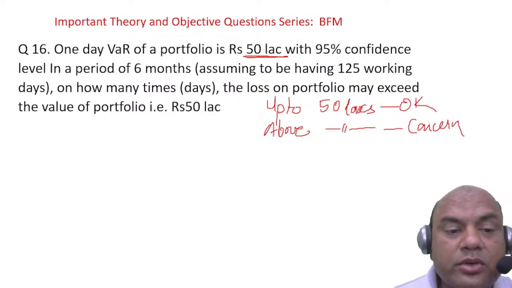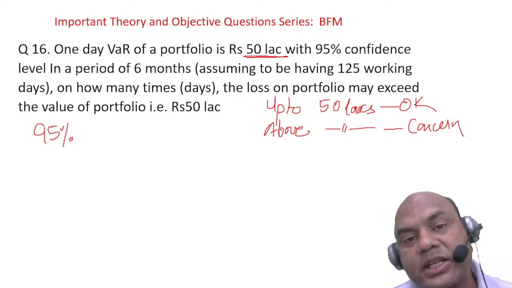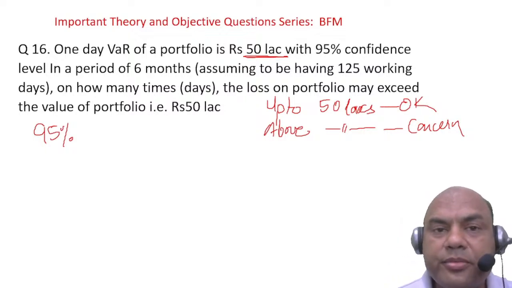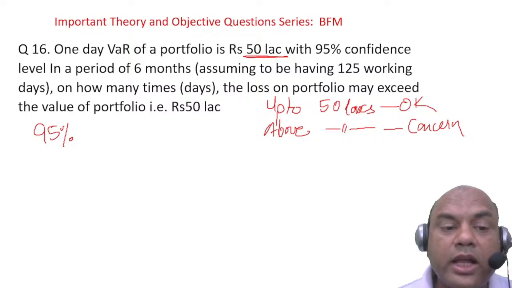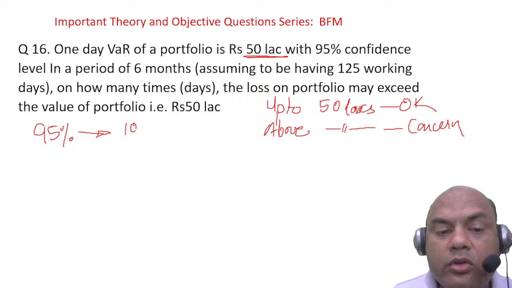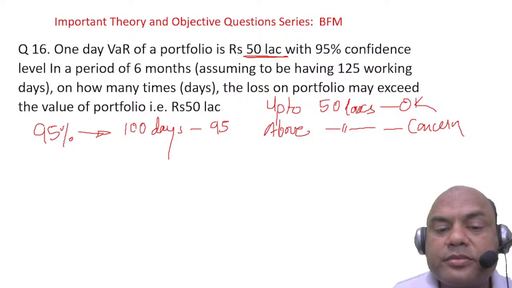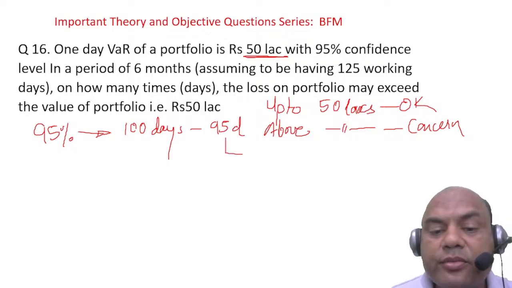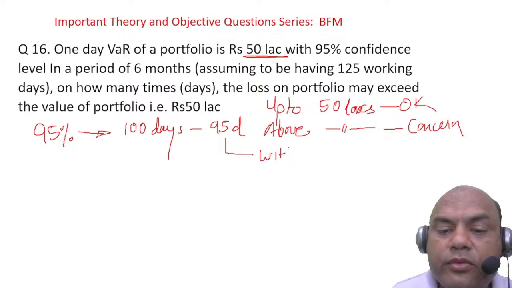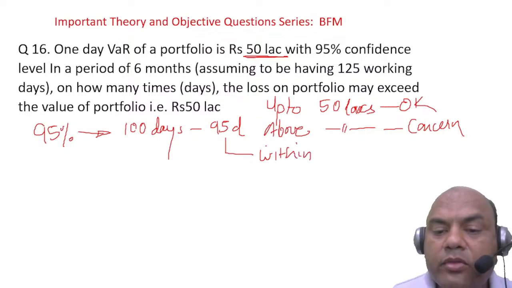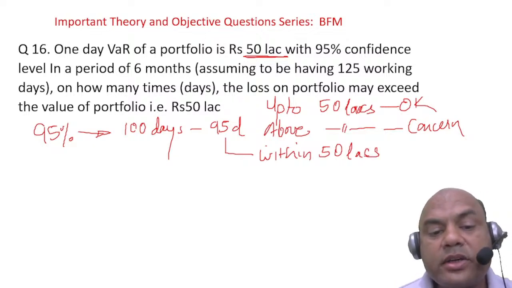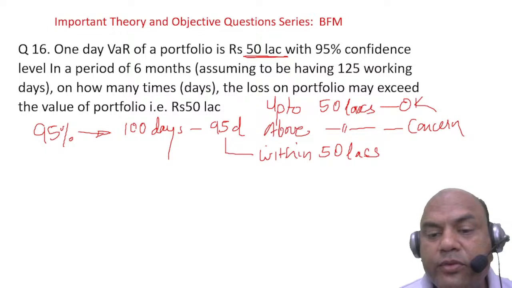How to solve this? See, this 95% confidence. What do you mean by percent? Percent means 100. So 95% means out of 100 days, for 95 days my loss is within 50 lakhs.